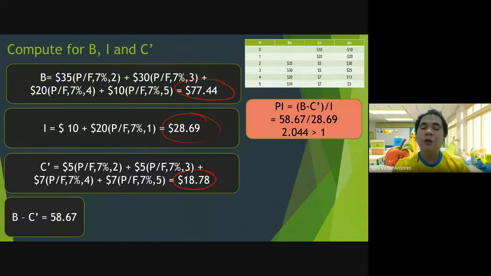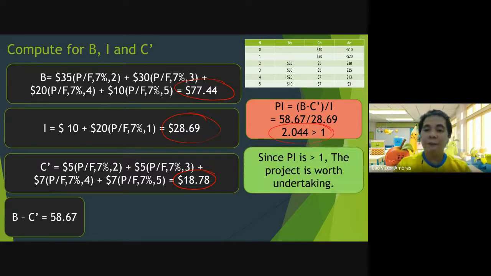Your profitability index will give you a value of 2.044, meaning your benefit minus recurring cost is 2 times your investment. Okay? That means the project is worth undertaking because your net per year is 2 times your investment. Okay?